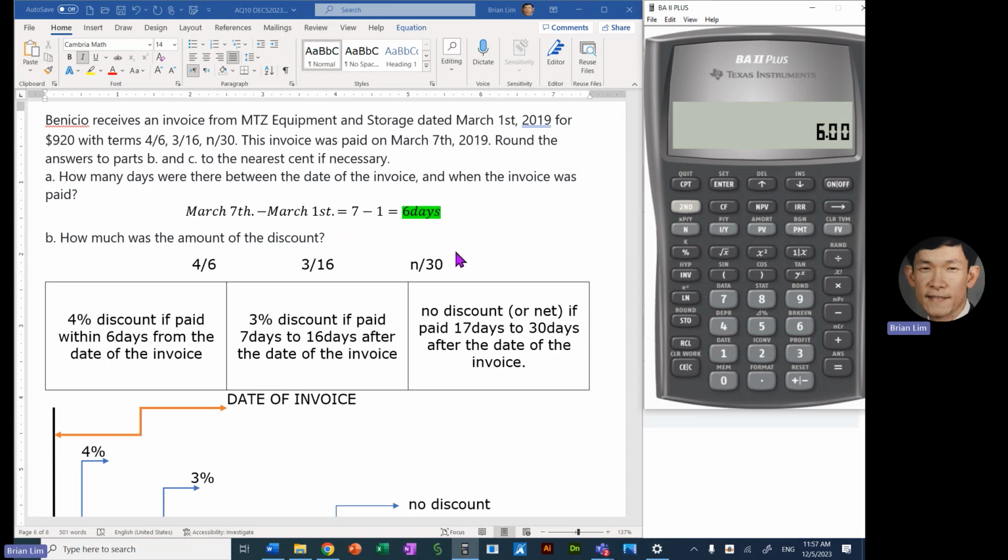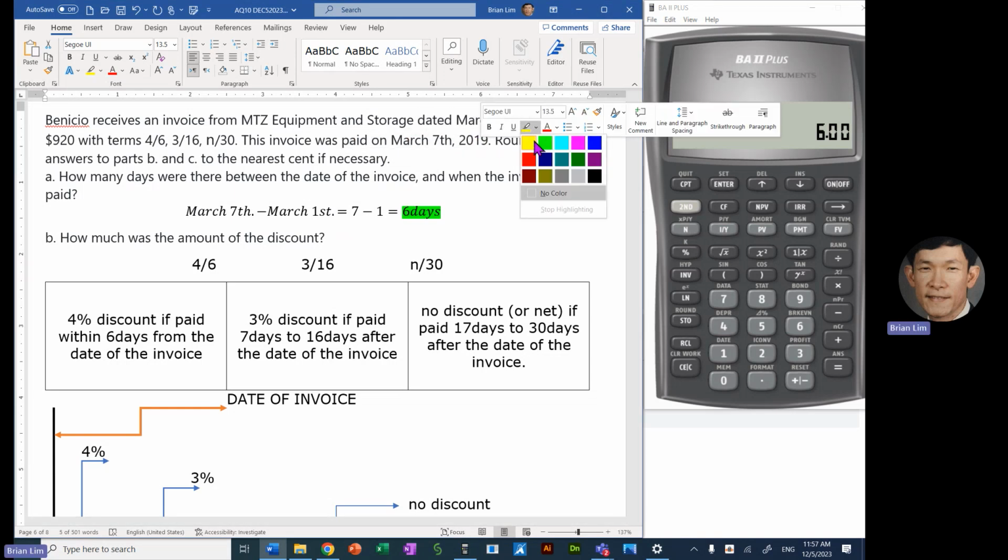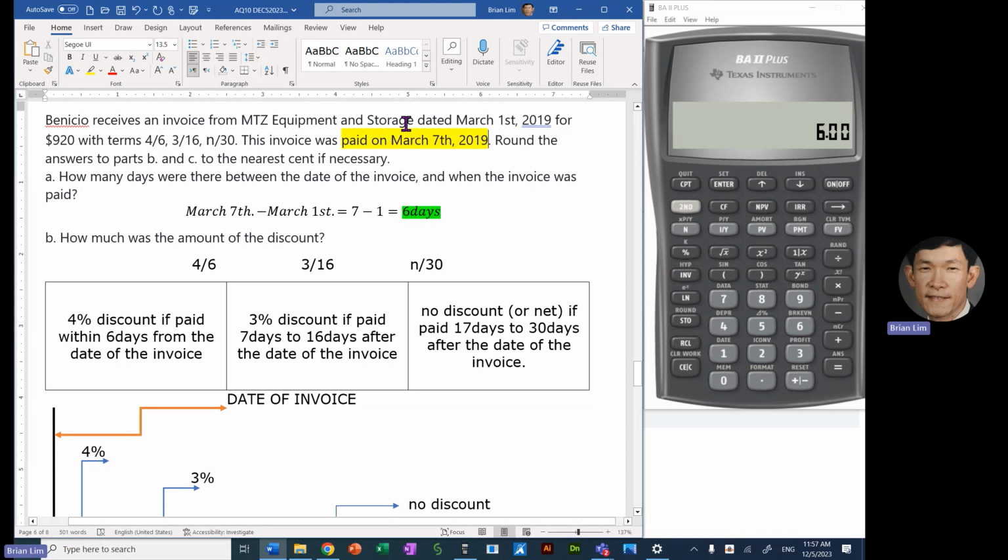So 6 days have elapsed, or have passed, since the date of the invoice on March the 1st, 2019, to when the invoice was paid. So that's when it was paid, and this up here is the date of the invoice. So we have the 2 numbers and we've calculated how many days.